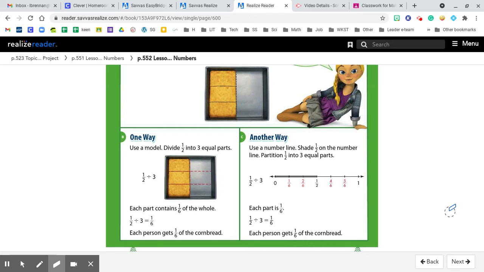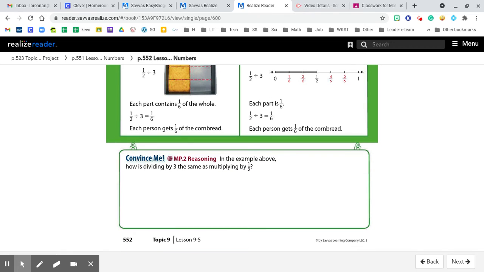Okay. And if you move down a little bit, in the example above, how is dividing by 3 the same as multiplying by 1/3? So both of them are separating. Dividing by 3 and multiplying by 1/3, you're both separating a group into 3 equal parts.